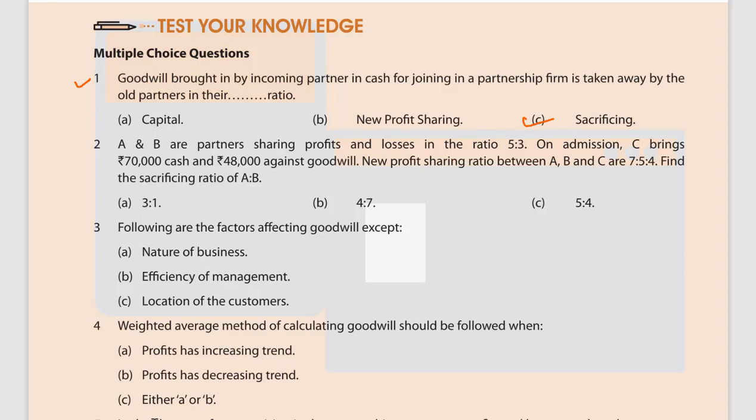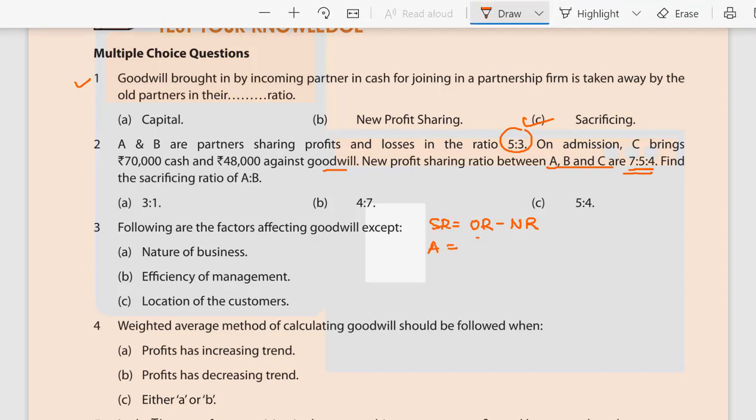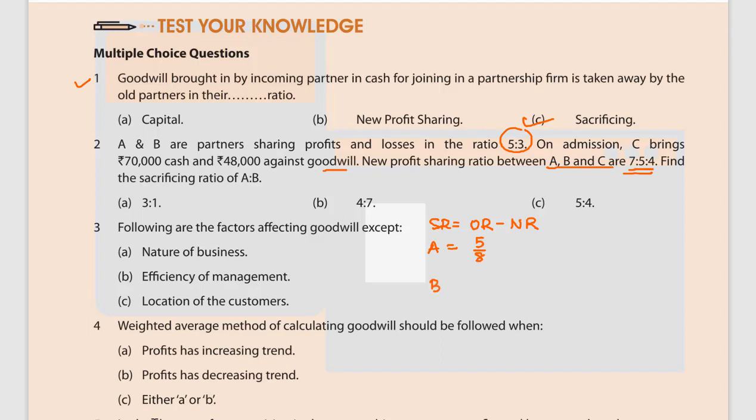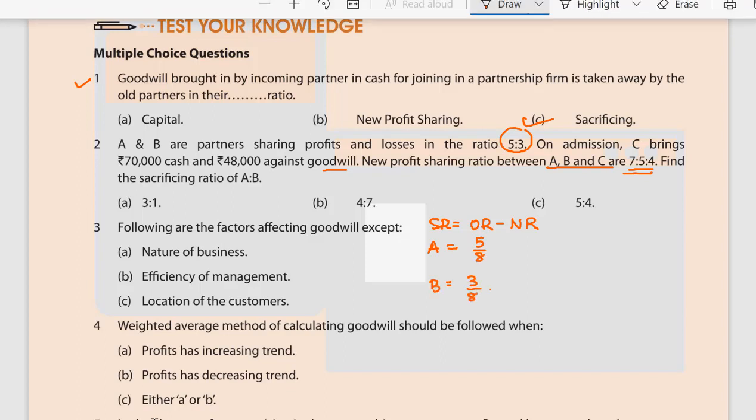Question number 2. A and B are partners sharing profits and losses in the ratio of 5:3. On admission, C brings 70,000 cash and 48,000 against goodwill. New profit sharing ratio between A, B and C is 7:5:4. Find the sacrificing ratio of A and B. Sacrificing ratio is old ratio minus new ratio. In case of A, old ratio is 5 by 8. In case of B, it is 3 by 8.